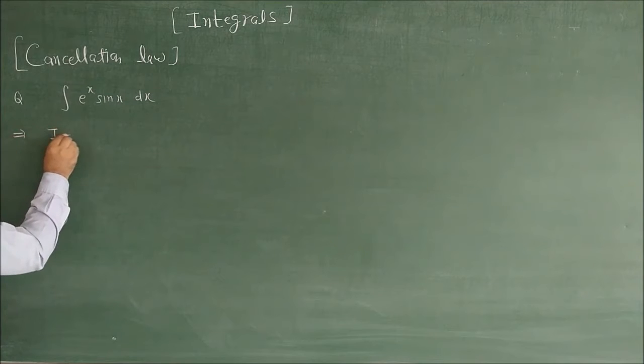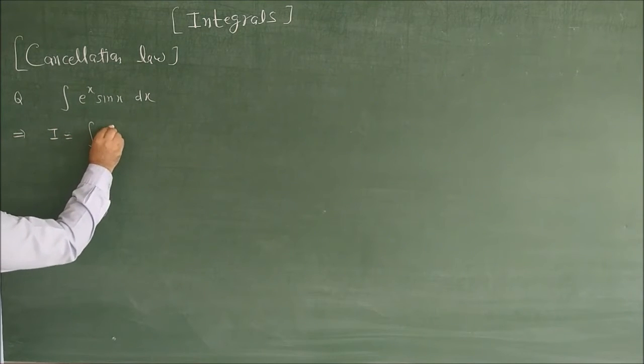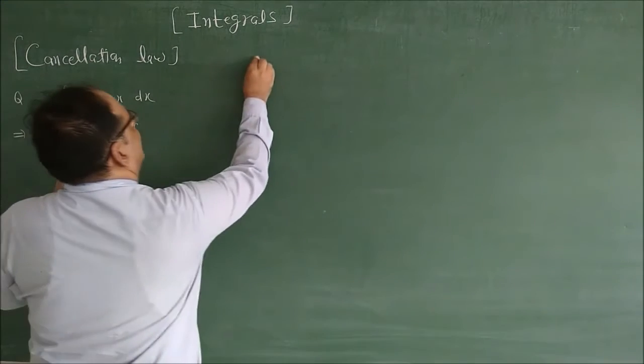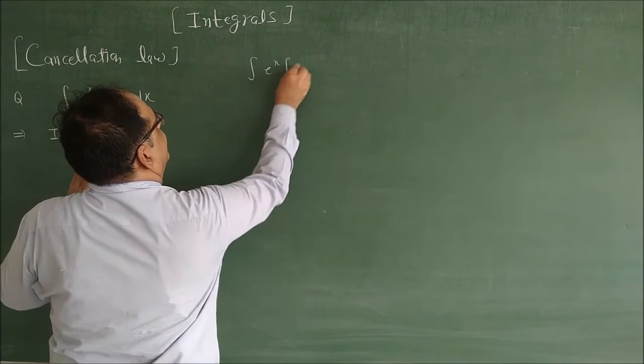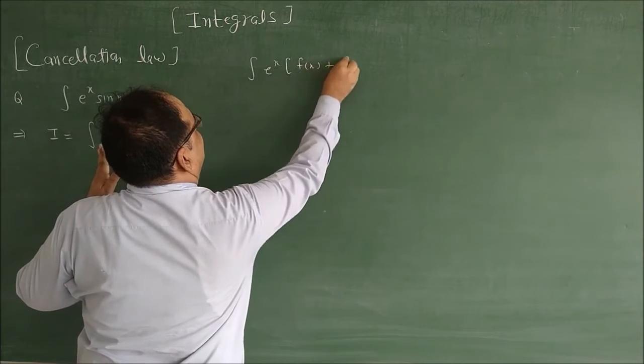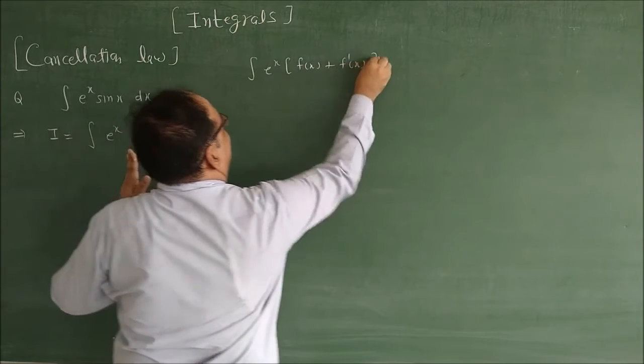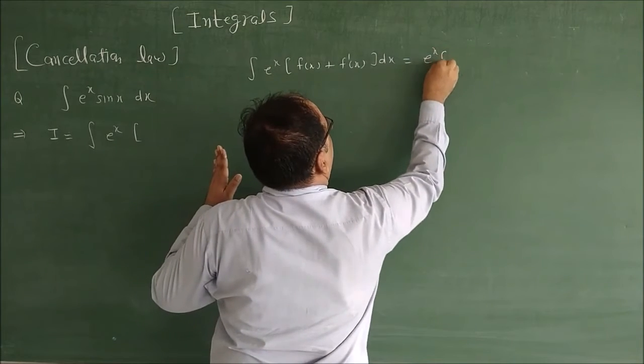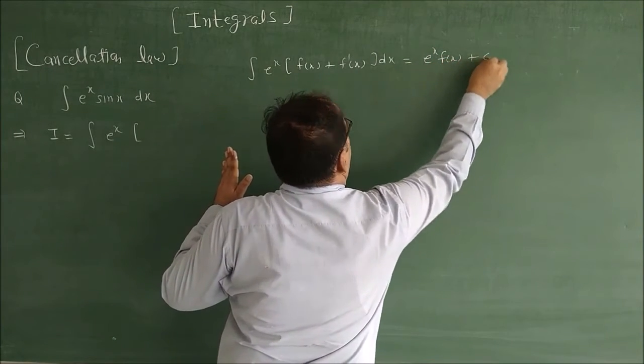I equals the integral of e to the power x. We know that the cancellation law format is the integral of e to the power x (f(x) plus f dash x) dx equals e to the power x f(x) plus c.